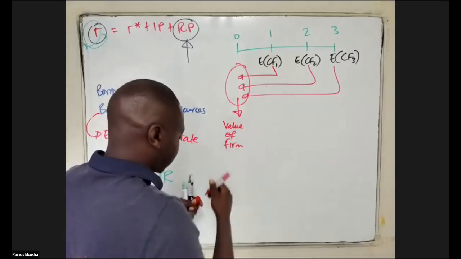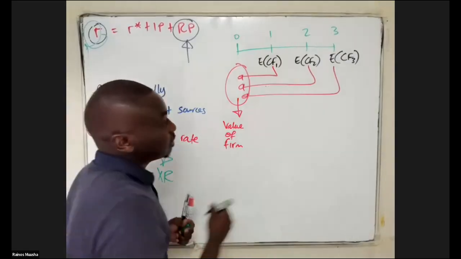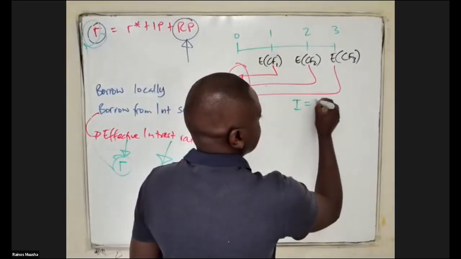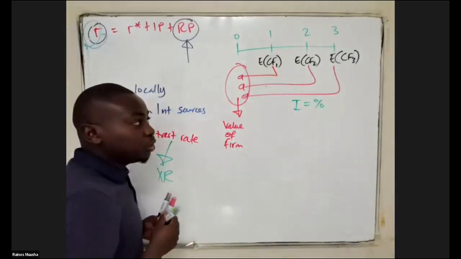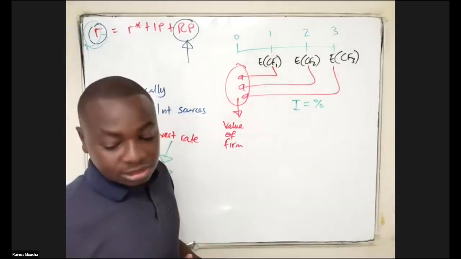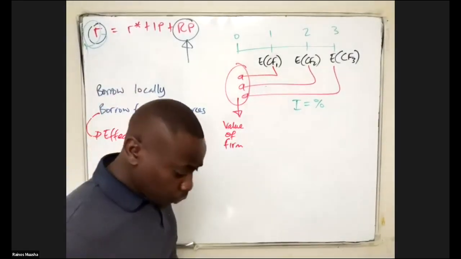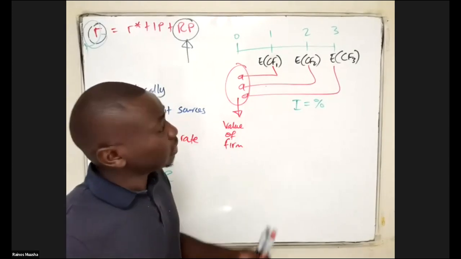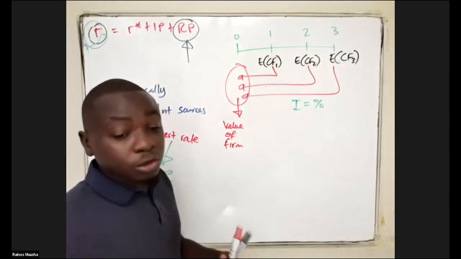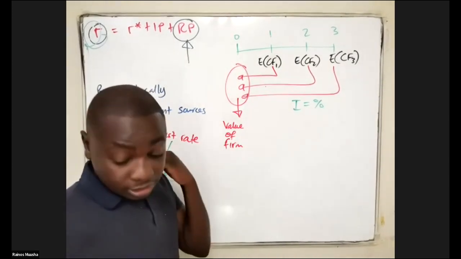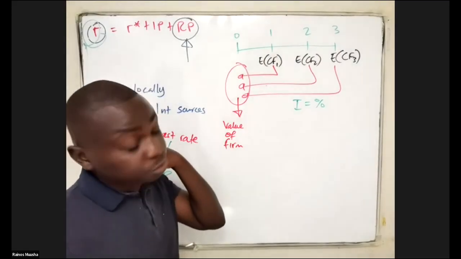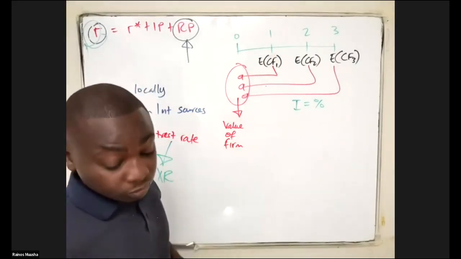And how do you discount these cash flows? You discount them at a certain discount rate. So when you're looking for the value, you're either going to use the formula or you're going to use the financial calculator, right?